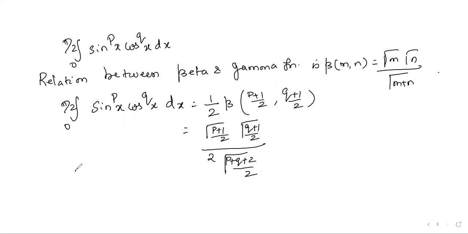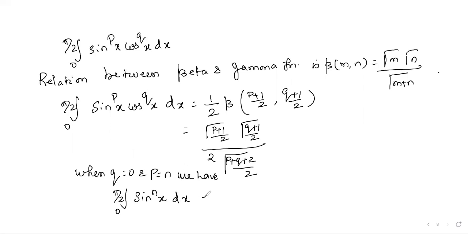So in particular, when q is equal to 0 and p is equal to n, substituting here in the integral 0 to pi by 2 sine power nx cos power 0, anything power 0 is 1, therefore left hand side will be 0 to pi by 2 sine power nx.